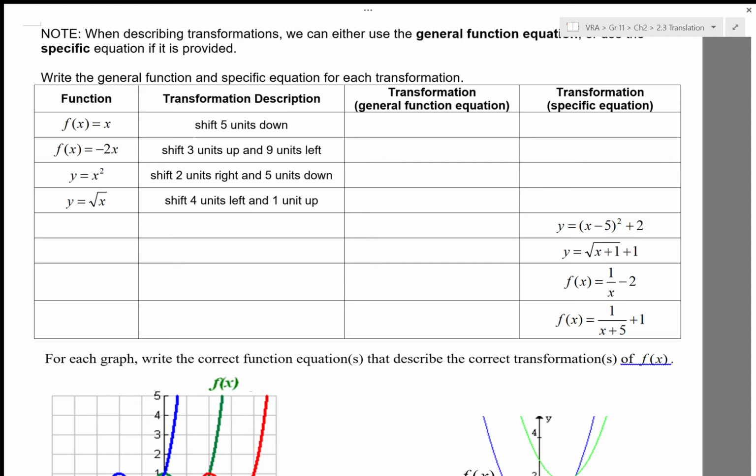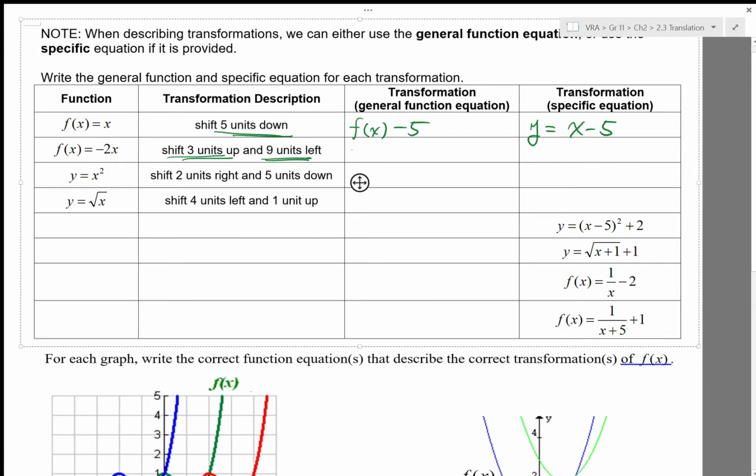So the first one says it shifts 5 units down. So it means f at x minus 5, right? And obviously that tells me that y equals x minus 5. Now the next one says 3 units up and 9 units to the left. So left means x minus 9? No, it's x plus 9. Remember, it works in the opposite way.